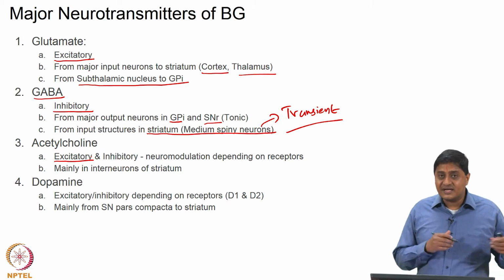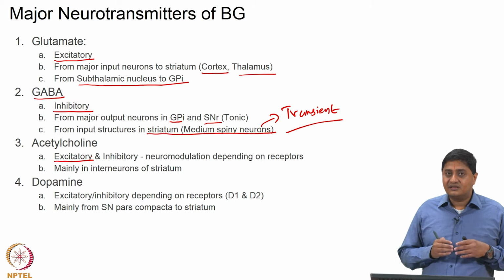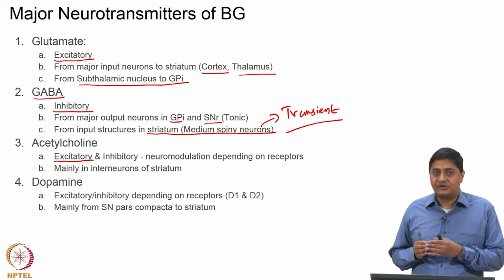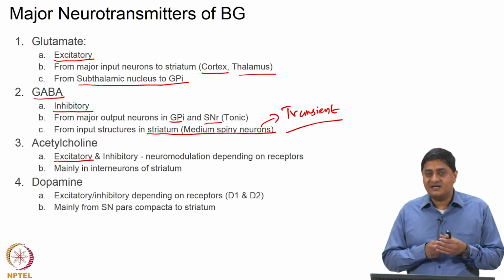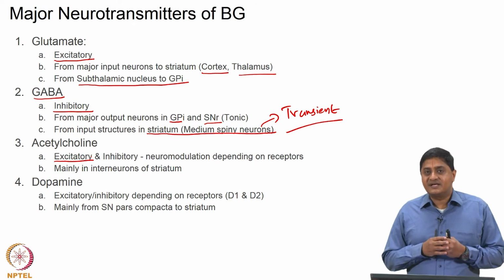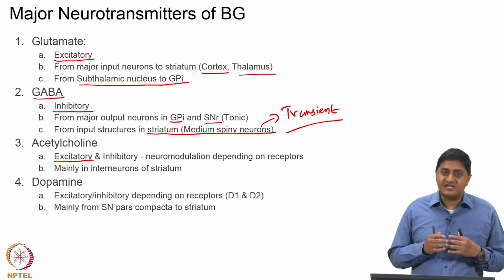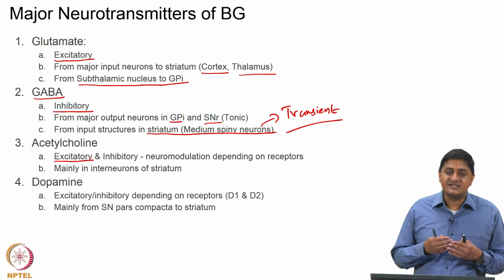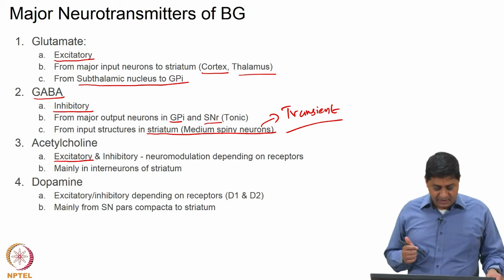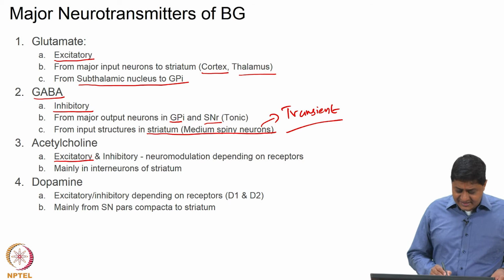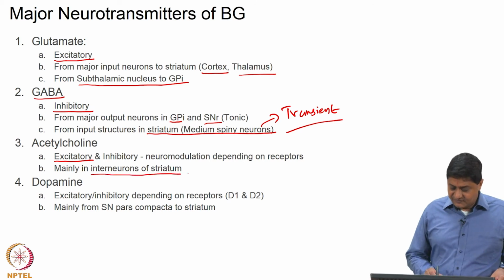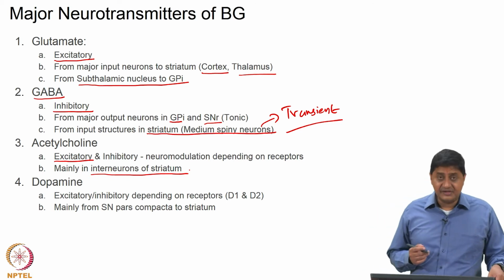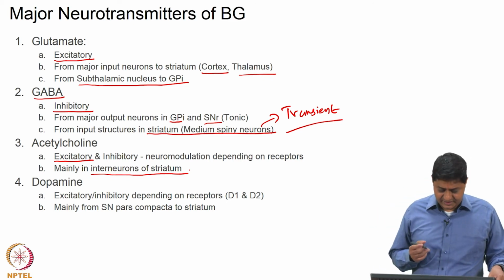In one of the earliest classes we mentioned that neurotransmitters by themselves are usually excitatory or inhibitory, and when we say acetylcholine is excitatory, this is usually the case, but depending on the receptors it may in some cases be inhibitory. Mainly, acetylcholine is released by interneurons within the striatum. What their function is, is something that we will need to understand and study.